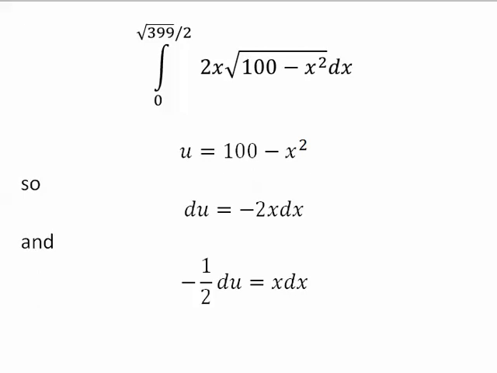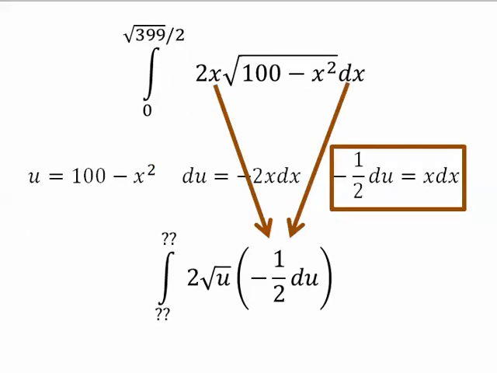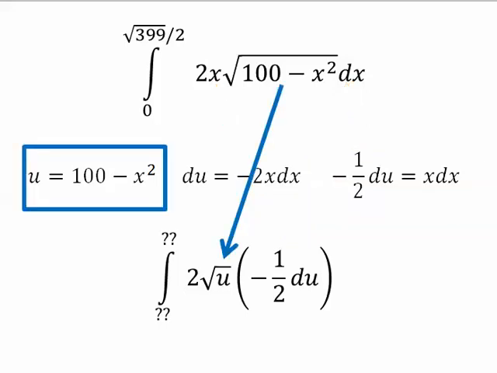And so x dx by itself would be negative 1/2 du. So in our integral, we're going to trade x dx in for negative 1/2 du. And 100 minus x squared, that's going to be traded in for u.